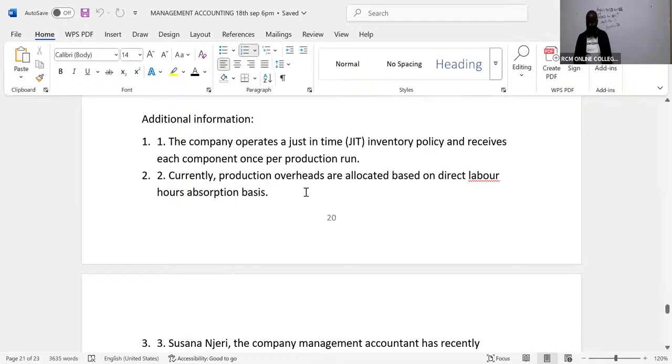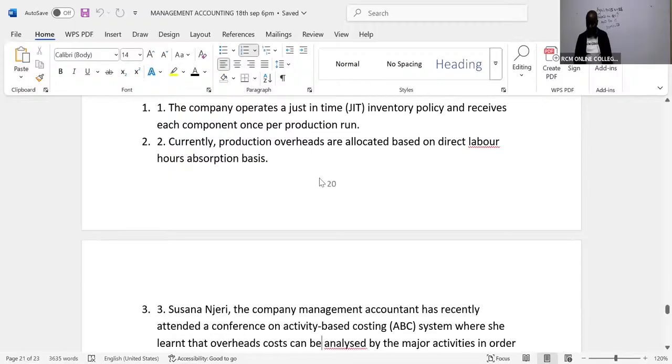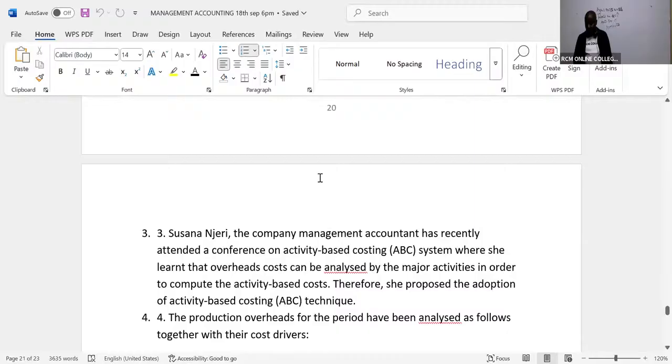2, currently production overheads are allocated based on the direct labor hour absorption basis. 3, Susan Jerry, the company management accountant, has recently attended a conference on activity-based costing, where she has learned that overheads can be analyzed by the major activities in order to compute the activity-based costing.